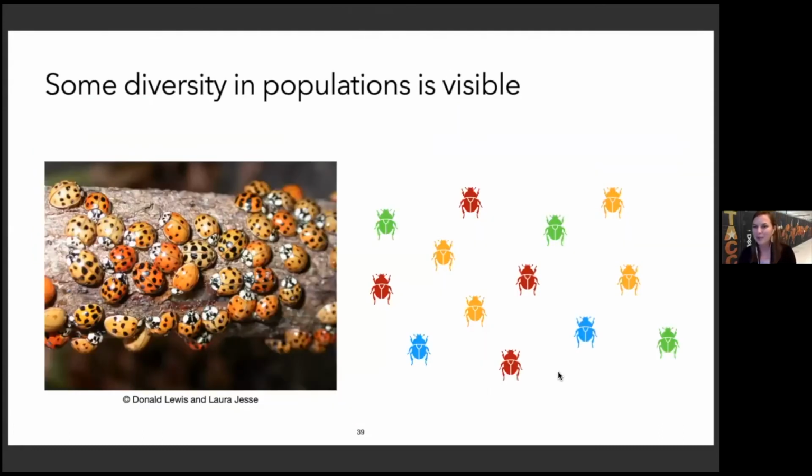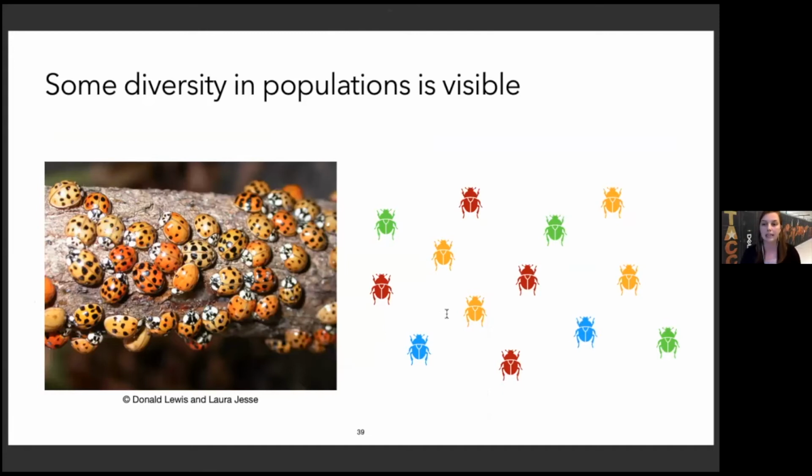Okay, so when we think about this actual population and this little cartoon population that I'm showing you, you might see that most of the diversity that we're seeing here is visible, right? So in this case, you have diversity that's visible in color and patterns and their spots, while in this population, it's just color.